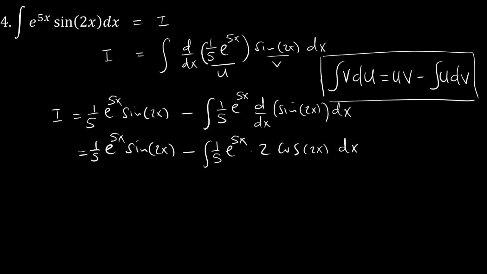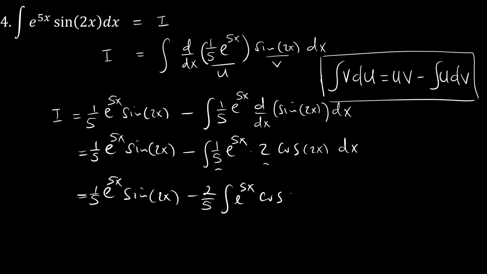So we can pull this constant out so that we have now 1 over 5 e to the power 5x sine 2x minus 2 over 5 times the integral.